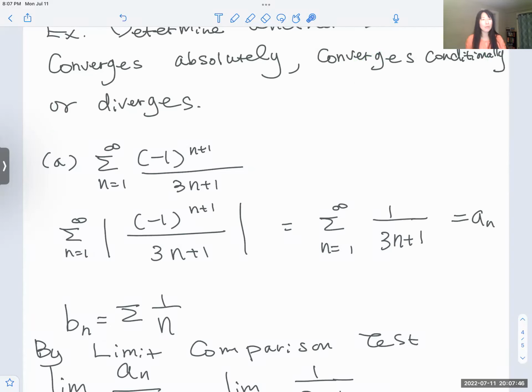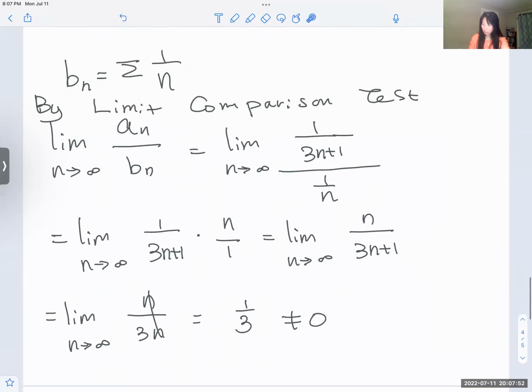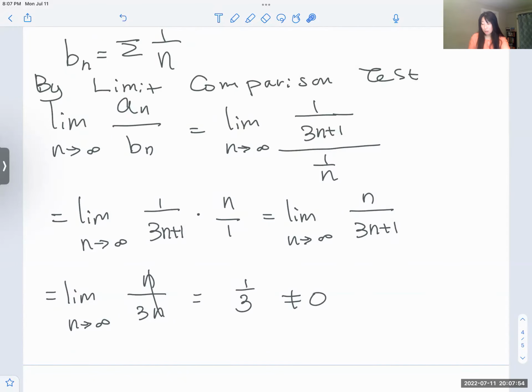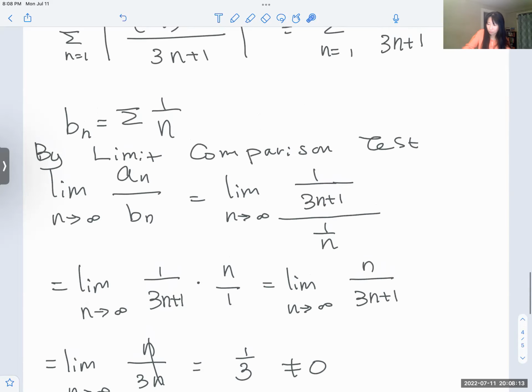In this case, first of all, we know that this diverges, so it does not converge absolutely, right? This diverges by the harmonic series.